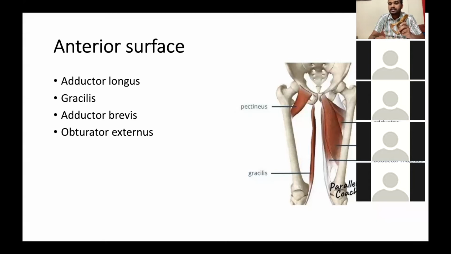You need to practice by writing and by reading the muscle names. That will make you feel comfortable and free to pronounce the terms we come across. So the anterior surface of the body of the pubis gives origin to adductor longus, gracilis, adductor brevis, and obturator externus muscles.